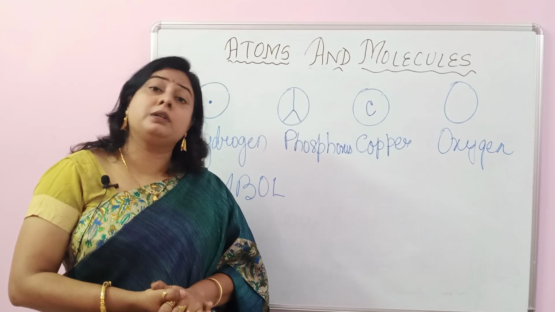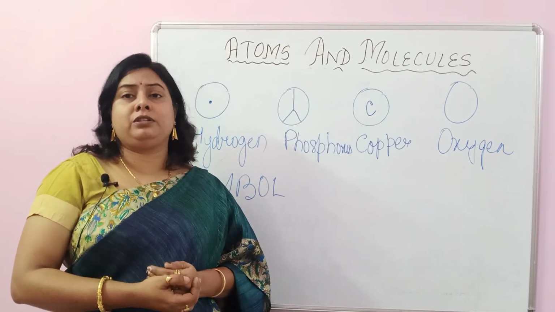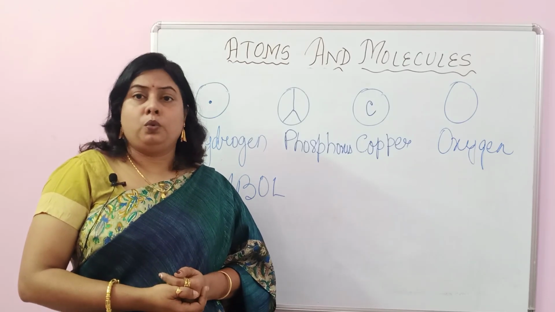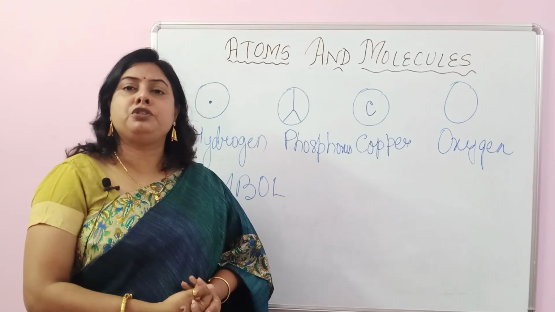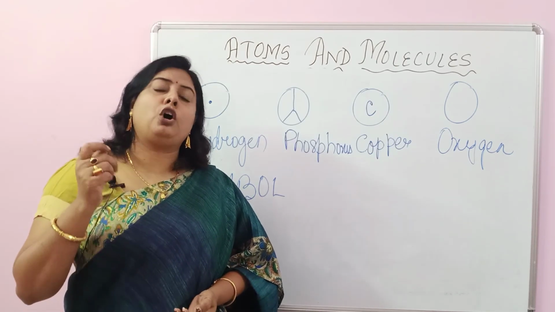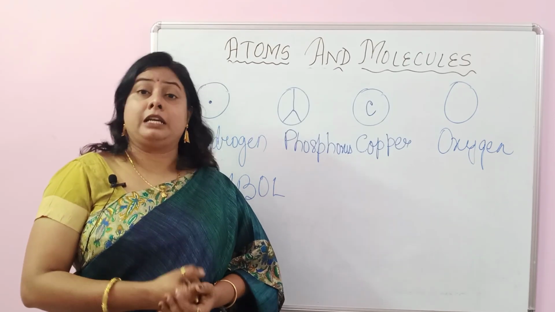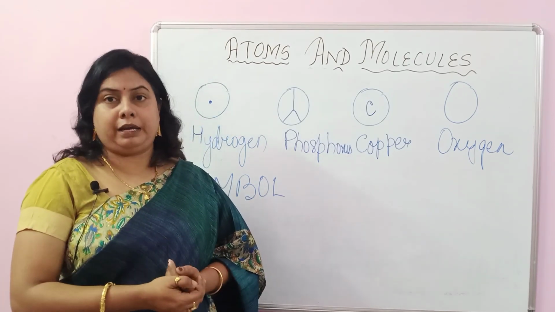So later, Berzelius gave a more scientific way of writing the symbols, which is modified and accepted today. So today, the symbol of an element is derived either from its English or Latin name.